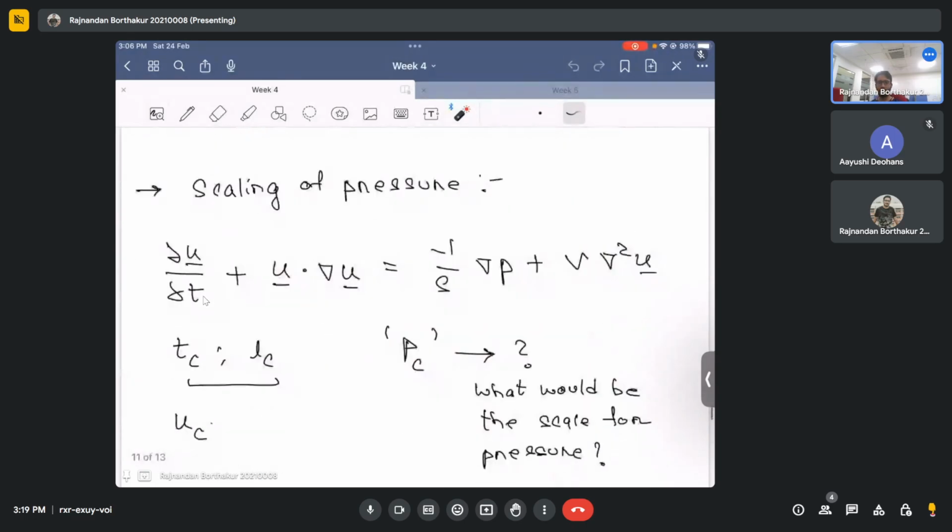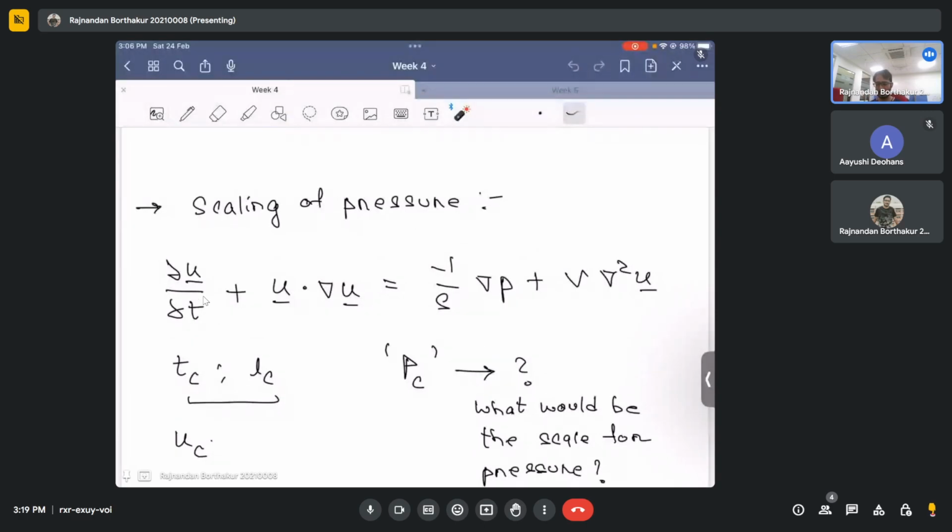Then finally, we saw what the scale for pressure will be, and a very important conclusion from this pressure analysis is that pressure can either scale as a viscous term or as an advection term, and the Reynolds number typically decides which scale we need to use.